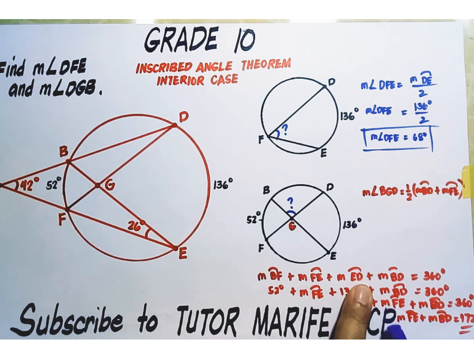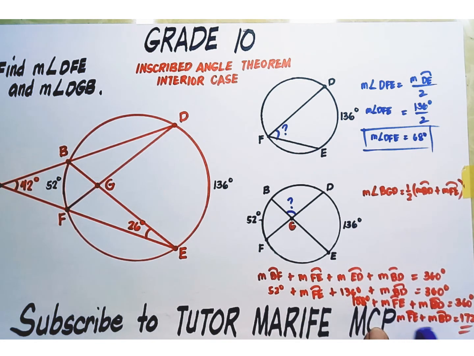Therefore, the sum of the measures of arc FE and arc BD is equal to 360 plus negative 188 degrees. 360 plus negative 188 degrees is equal to 172 degrees.